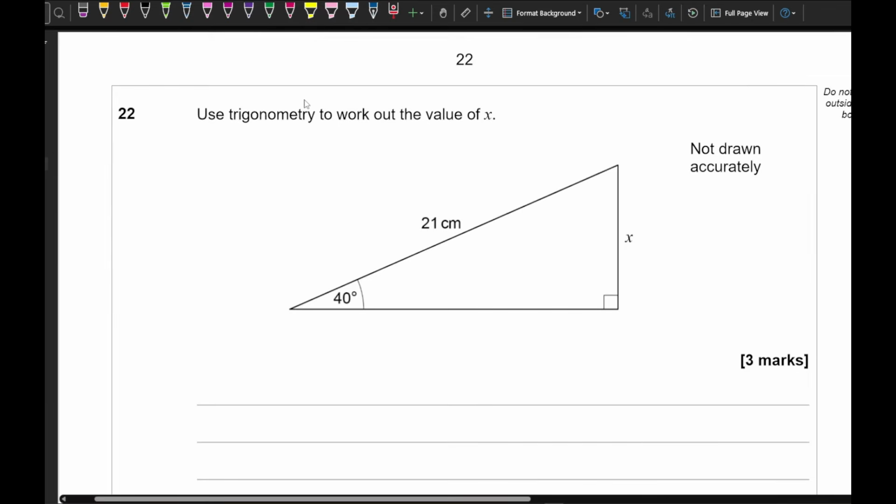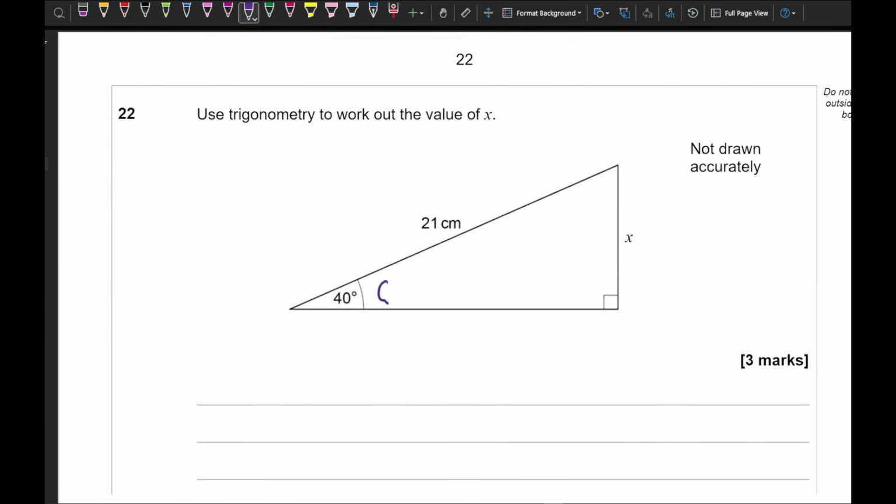Moving on to question 22, it says use trigonometry to work out the value of x. So for this, if I label what I know, I've got my hypotenuse of 21, theta as being 40, and x therefore being opposite. So the trig ratio I need to use is going to be sine. So substituting the values in, I've got sine 40 equals x over 21.